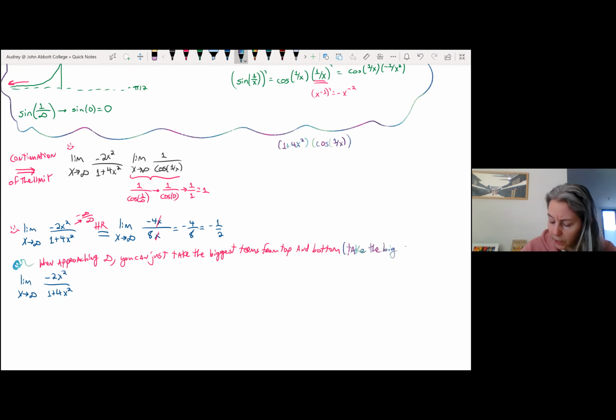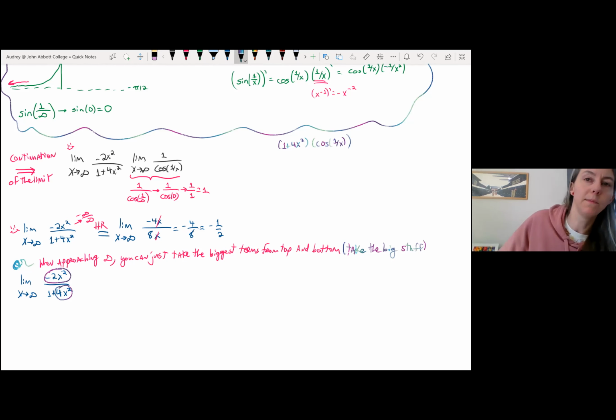So the reason that we can do this is when I look at this, my denominator, the big thing in the numerator is negative 2x squared. So that's like the thing that has the highest power. When I look at the denominator, I have 1 plus 4x squared. My thing with the highest power here is 4x squared. So when I think about this in terms of infinity, 4x squared is really big.